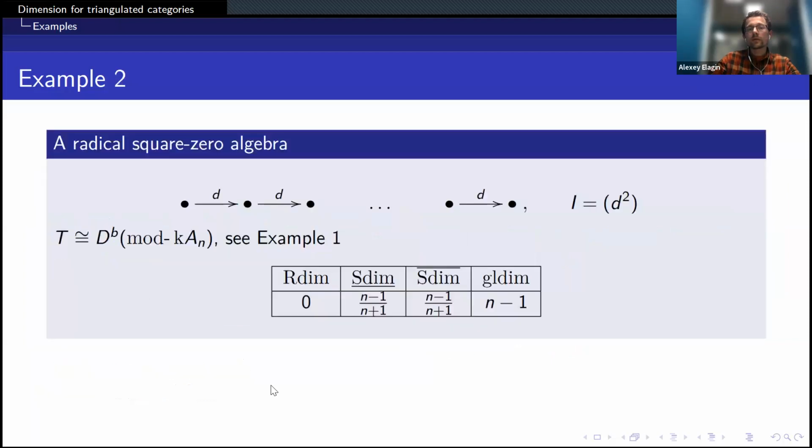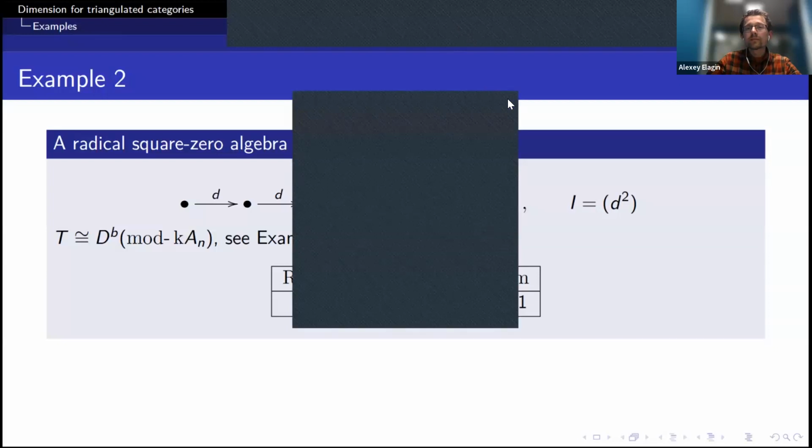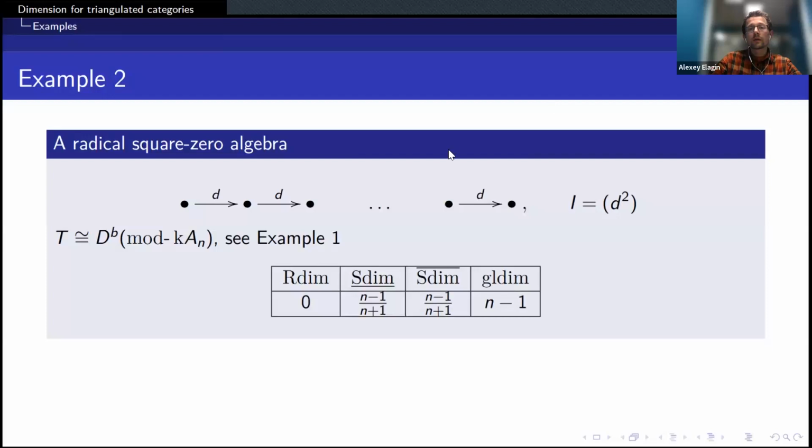Now, example number 2, we consider a path algebra. For the quiver A_n, we can impose relations that any composition of arrows is 0.